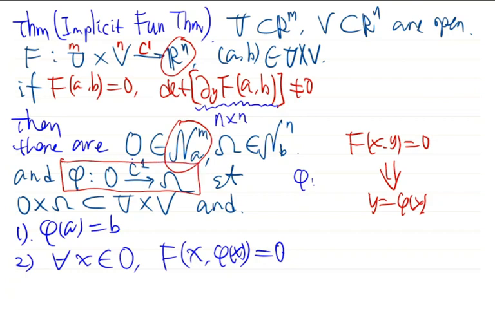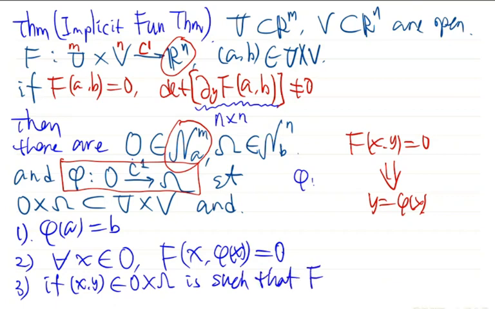So that is why this theorem is called the implicit function theorem. Okay. So in addition to these two conclusions, we also have the third conclusion about uniqueness. If (x,y) belongs to O cross omega is such that capital F(x,y) is 0, then y must be phi(x).